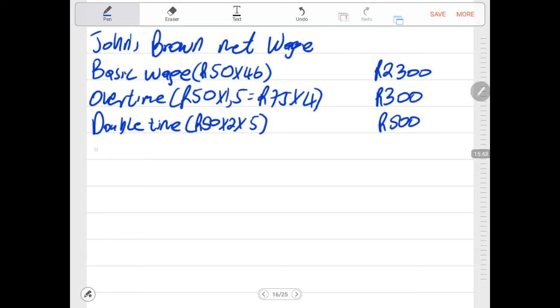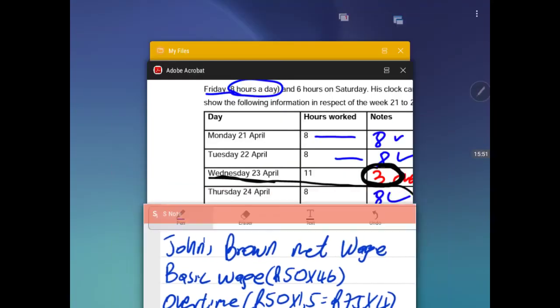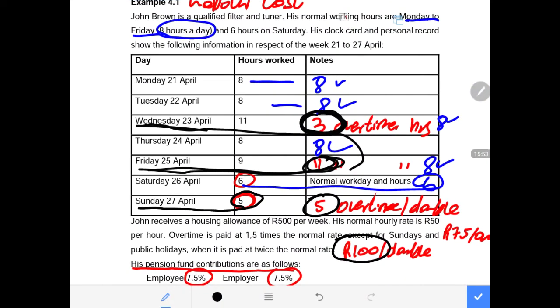Then we go to allowances. We do have an allowance, if my memory still serves me. Remember, I said to you that allowances are part and parcel of your gross income. It's what the employee has benefited from. So we have a housing allowance of 500.